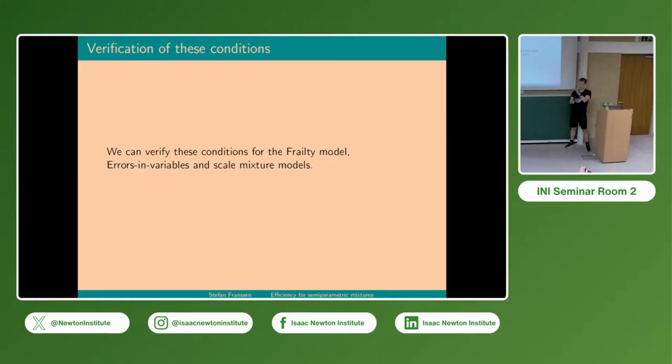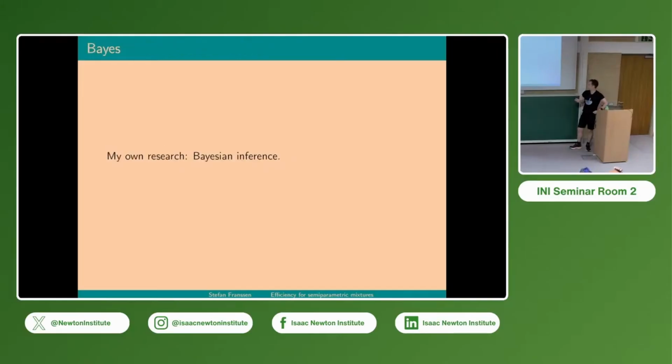So it's a two-step procedure, but in the end, you get to the same points. They are very related, and they have pretty much the same conditions.